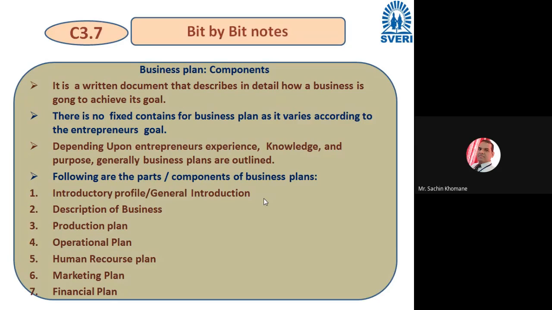In such an organization, the production plan is totally eliminated. It is not involved in any business plan for the service industry. Then the second type, partial manufacturing. You understand, I think, the meaning of partial manufacturing, where very less is done in-house and the majority of tasks are given outside. So there partial manufacturing is there.